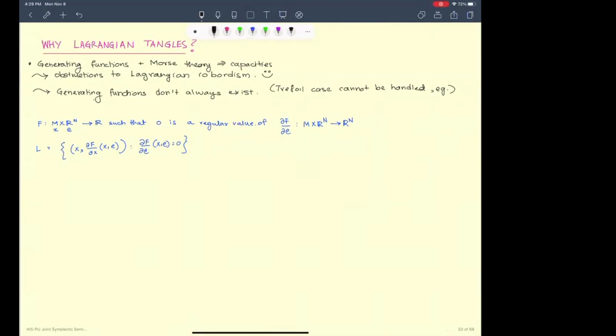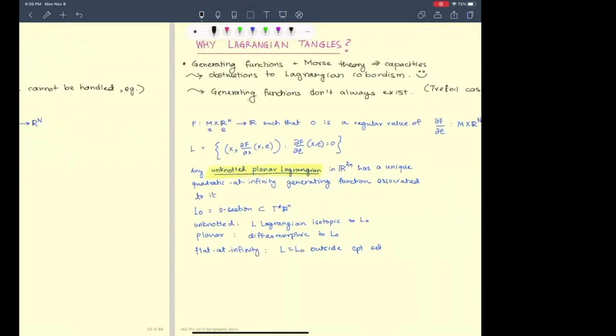So you want to write your Lagrangian as some sort of graphical object for a function. Your Lagrangian lies in T star M in this case. But you take a function from M cross Rn. So it's a function on a slightly bigger space, and you're doing a reduction and you get a Lagrangian. So then you can do Morse theory on these functions.